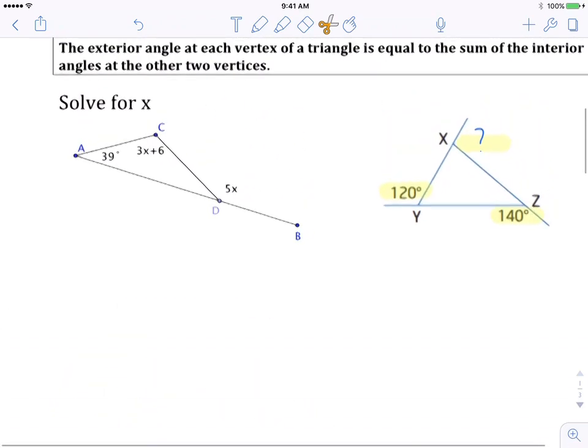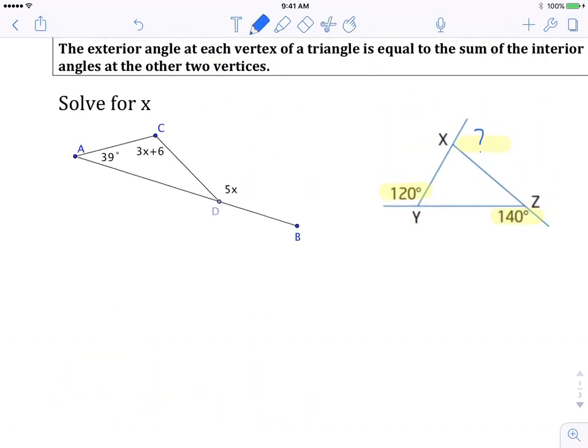Okay, let's hold that thought and apply the same concept here. So here we have an exterior angle plus this, let's call this one y. We know 39 plus 3x plus 6 plus y will equal 180. But we also know 5x plus y will equal 180.